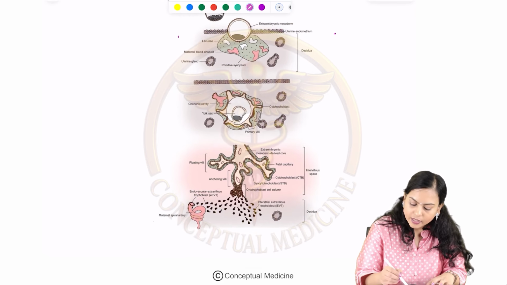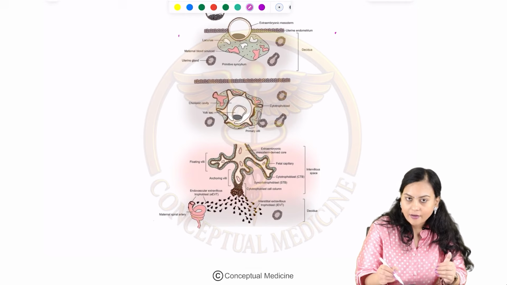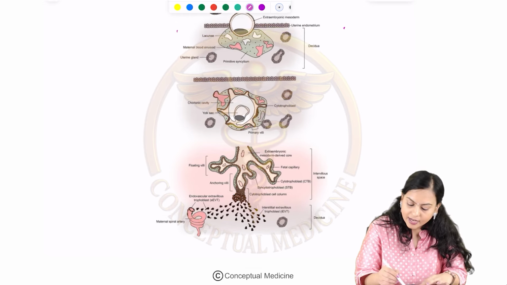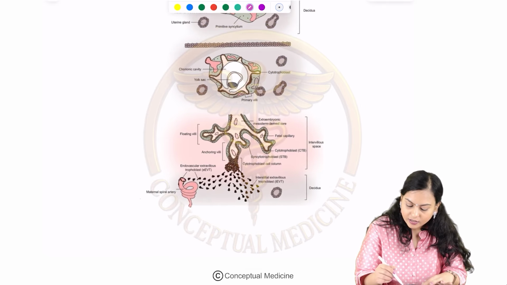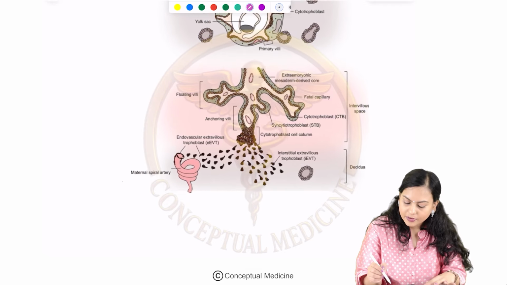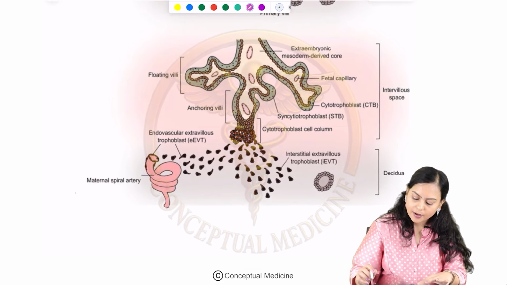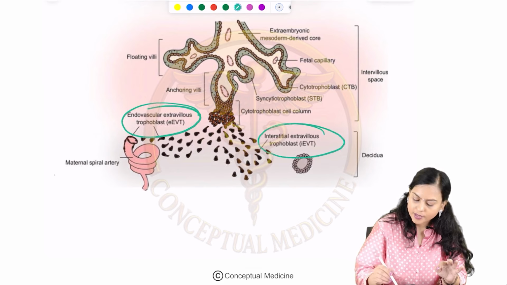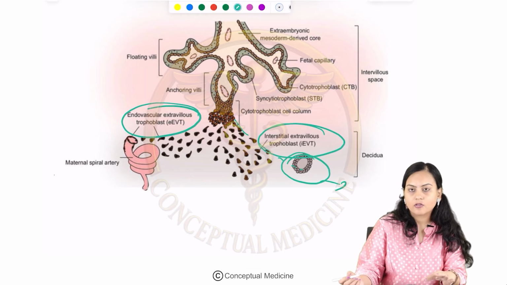There are lacunae, which are the cavities formed in the syncytiotrophoblast, and the maternal blood sinusoids are nothing but the maternal arteries that have dilated and congested, and as this is getting invaded, you will have the formation of the primary villi. Also you will be able to see the various types of trophoblast that have formed: interstitial trophoblast, endovascular trophoblast, and some of the trophoblasts will be invading the uterine glands also, that is known as endoglandular trophoblast.